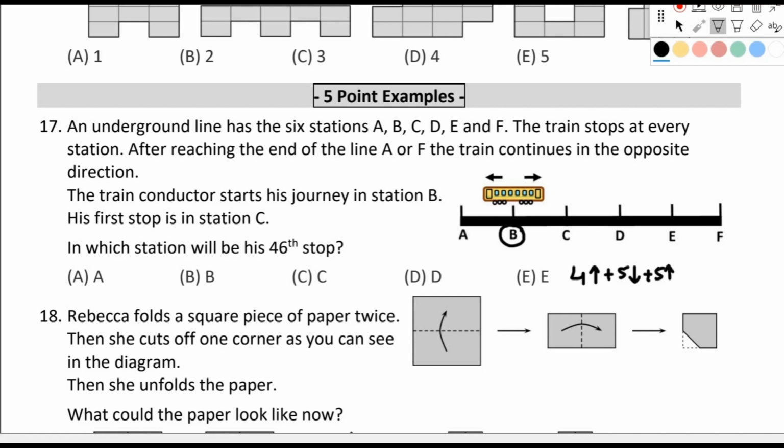So until now it is 14. Then 5 back, 5 forward, so this is 24, plus 5 backward, 5 forward, 5 backward. So 10, 15, 20, 25, 30, 35. 35 plus 4 is 39. Plus 5 forward, 39 plus 4 is 43.